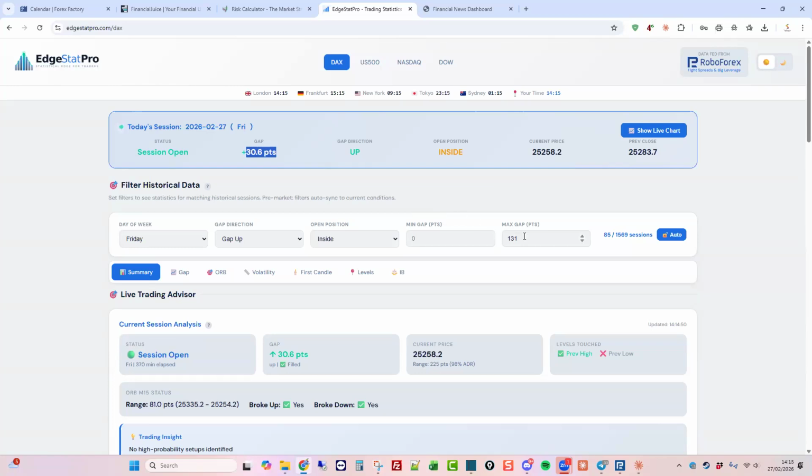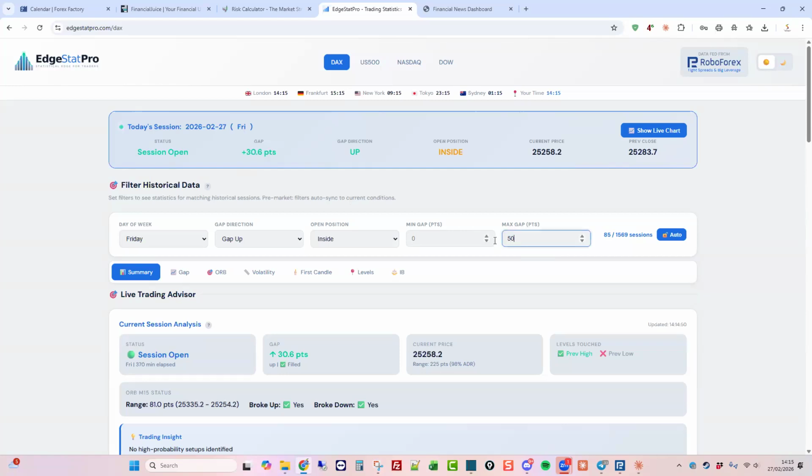So by using a filter like this, we can analyze out of 1,569 sessions, there were 85 sessions in the last 5 years on a Friday that gapped up inside with a gap somewhere between 30 to 130 points. So we give it a little bit of a leeway with the points.